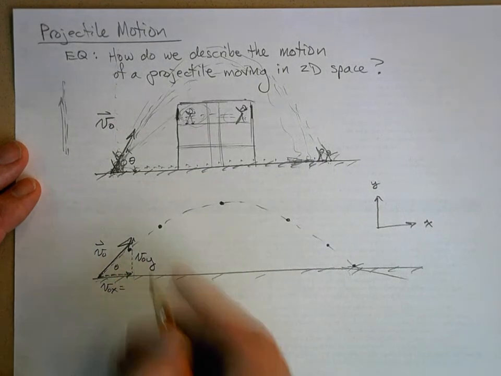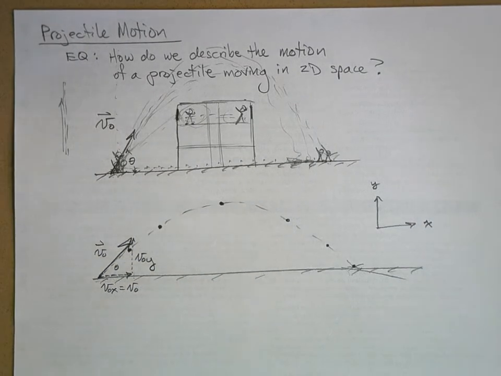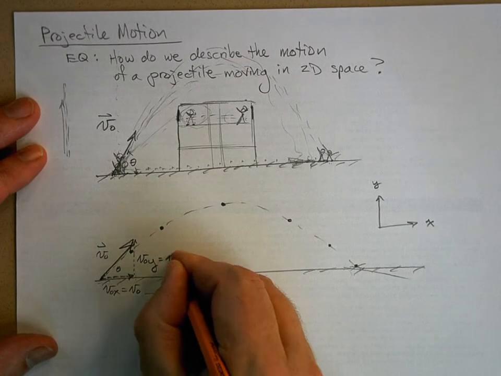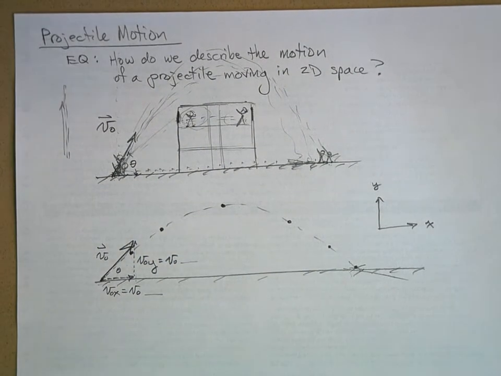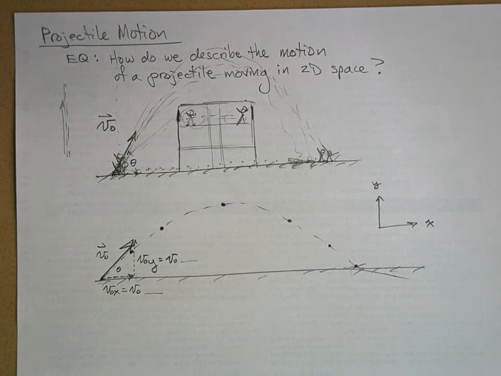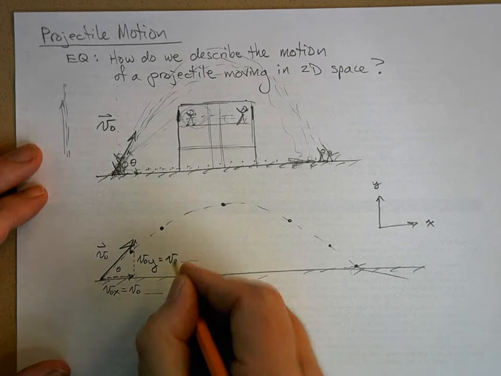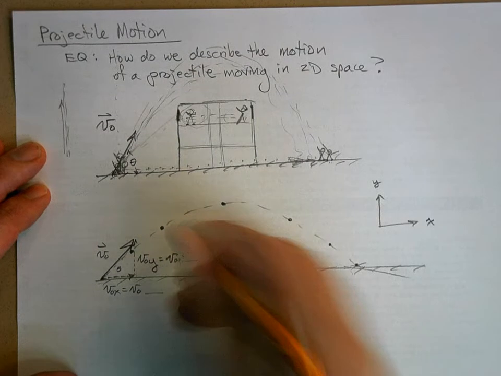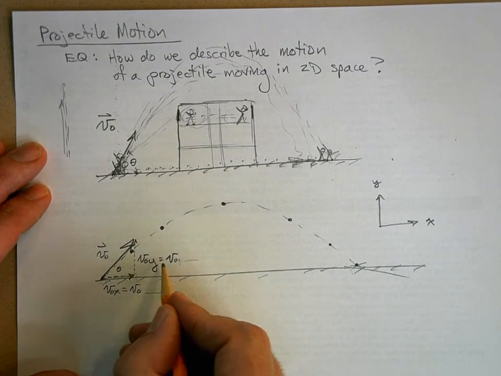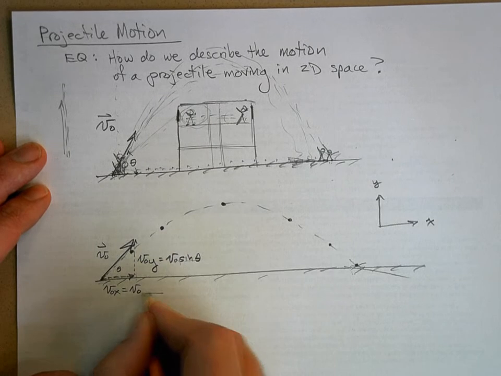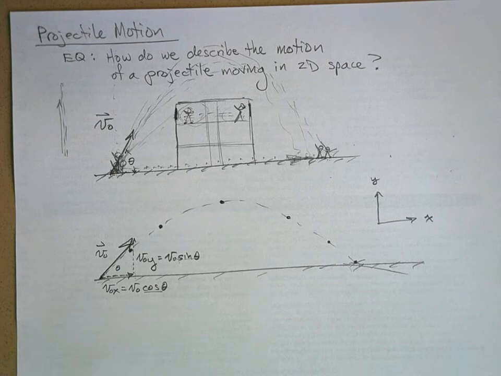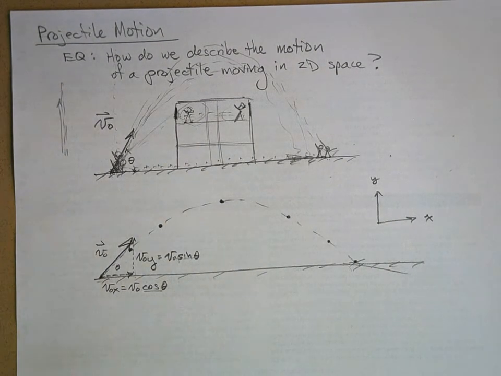And v naught y is v naught sine theta, and v naught x is v naught cosine theta. That's how I get the x and y components of the initial velocity.